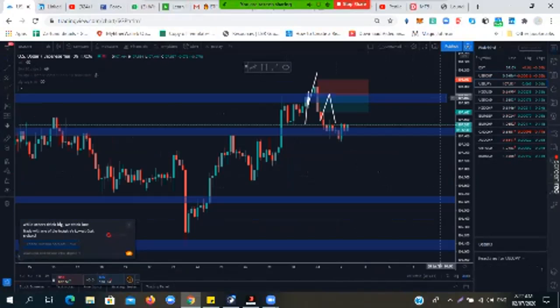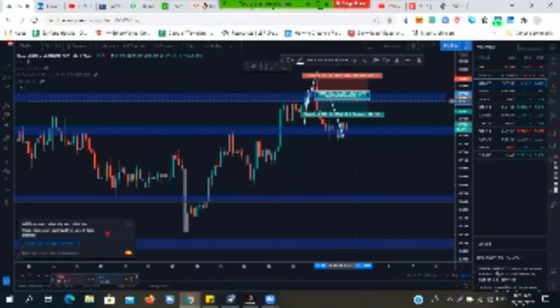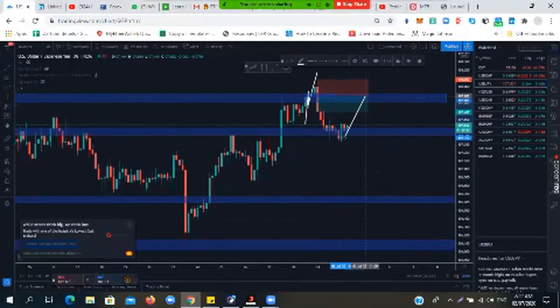This is USD JPY. My expectation here is I'm expecting price to do this and sell off again from here.